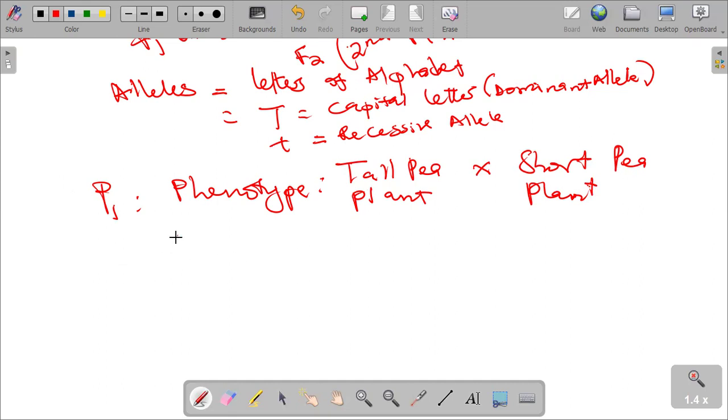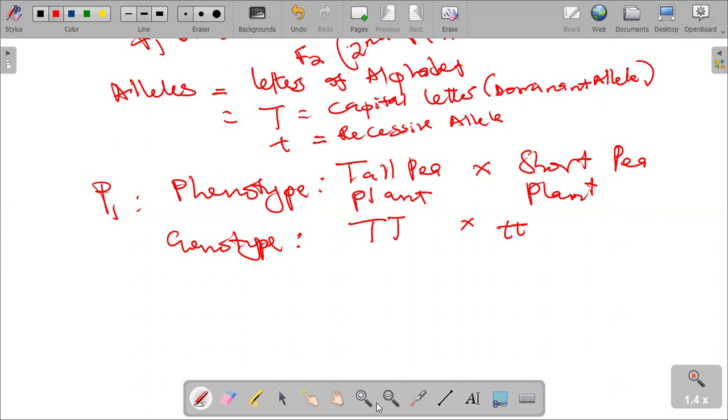Then we say genotype. I'm sure you still remember the terms. The genotype is the genetic makeup. In this case, these plants are pure breeds, which means they are homozygous dominant and homozygous recessive.